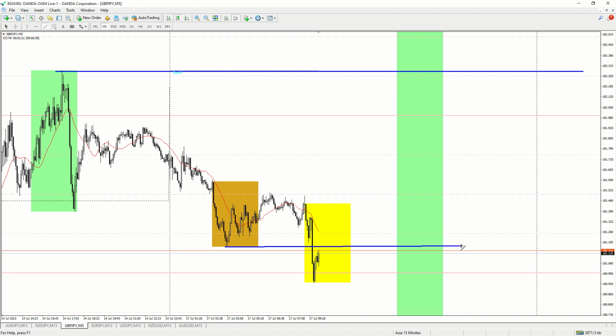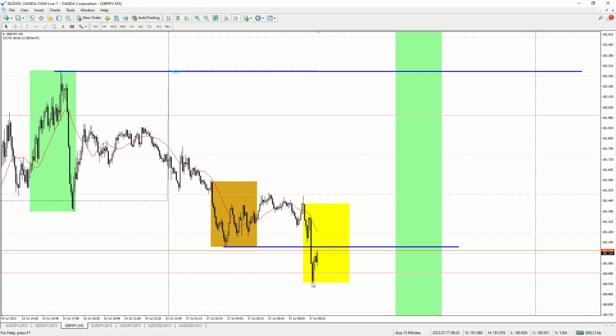Guys, give the markets time to play out. Don't allow them to drag you into the wrong direction. You want to take the less stressful trades, because if this one sets up well, it's going to go up, and maybe during the New York session it will pull back, and then continue to go up.